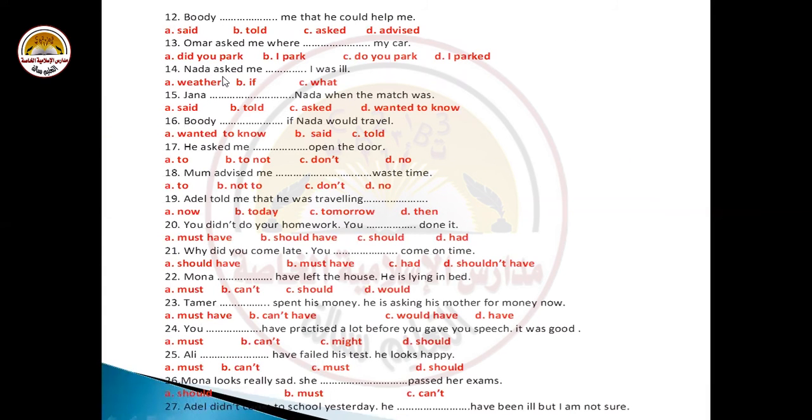Number 14, Nada asked me. Nada asked me whether, if, what, if I was ill. Jana Nada when the match was. Jana said or told or asked or wanted to know. Jana asked Nada when the match was.